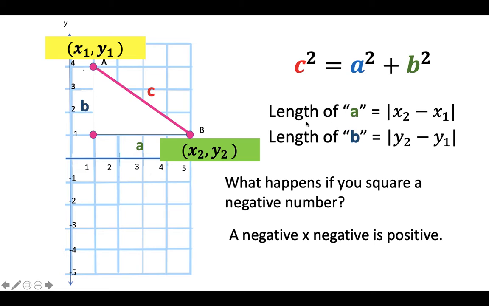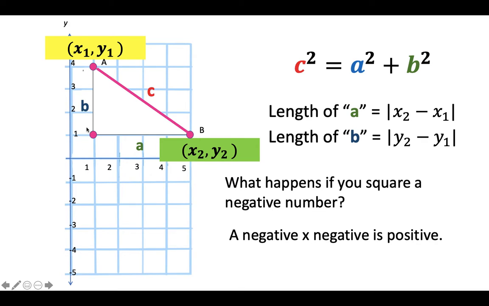So the horizontal distance, how far side to side it goes, is the length of A. That's the x2 minus the x1, but it's always positive, right? Well, how do we make it always positive? Well, squaring it and then square rooting it will make sure it's always positive. So that's why we have the squares and the square roots. So the length of the side-to-side movement is just the second point minus the first point for the x-coordinates.